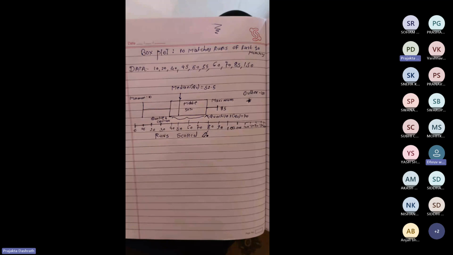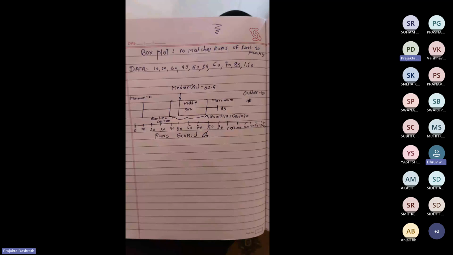Which chart is this? This is a box plot of runs in the first 10 cricket matches. The minimum is 10 runs and the maximum is 85 runs. Usually 150 runs is an outlier, so 150 is excluded. So 85 runs is the maximum, and Q2 is the median. 50% of runs are around the median, and Q1 to Q3 is the range between 40 and 70 runs.